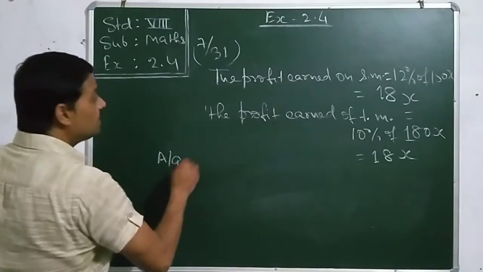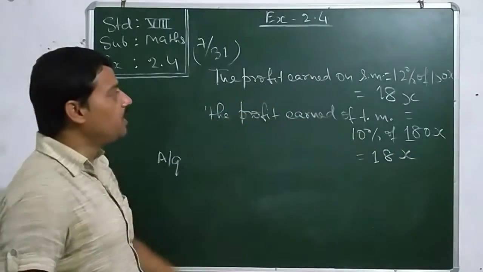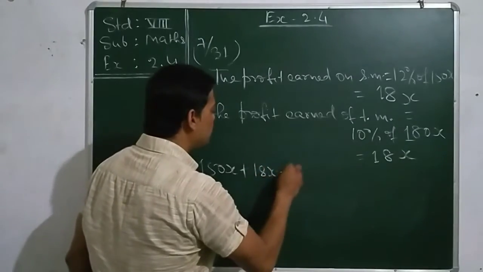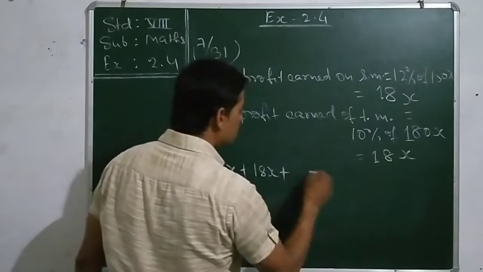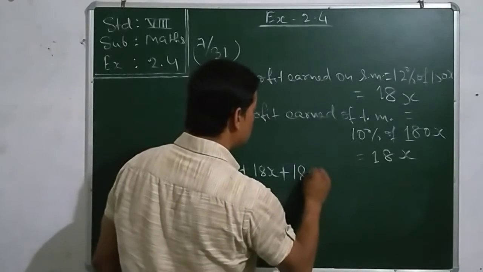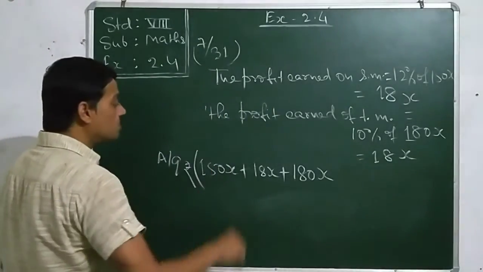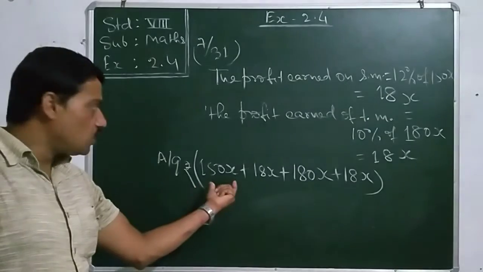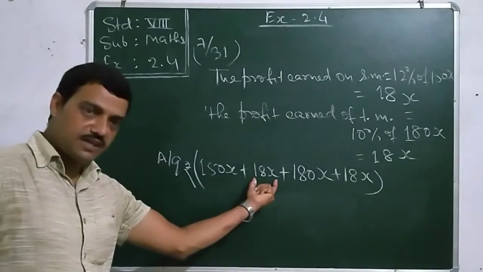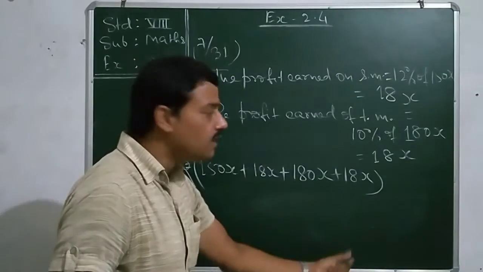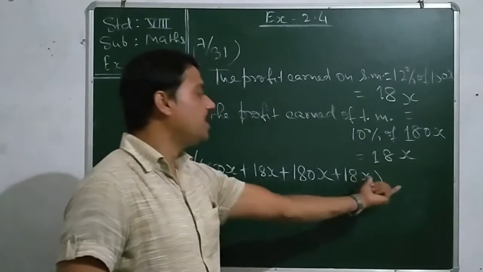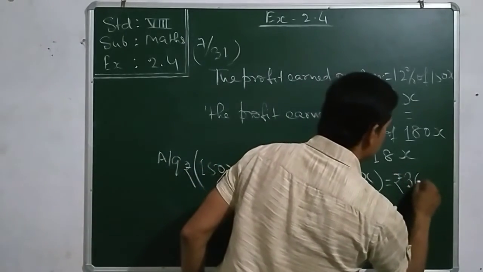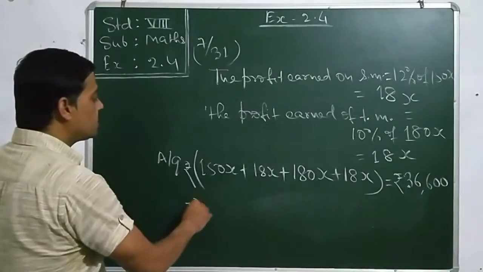So according to question, the cost of the shirt material we had got, it was 150x, plus profit on shirt material 18x, plus cost of trouser material 180x, plus profit earned 18x, equal to rupees 36,600. Now solve this equation for x.